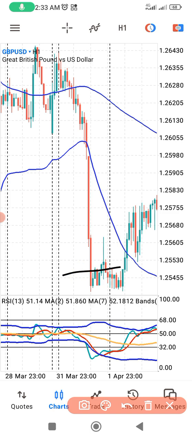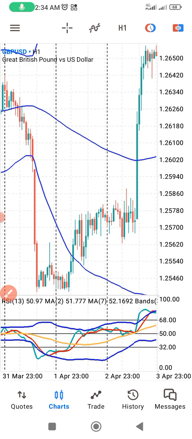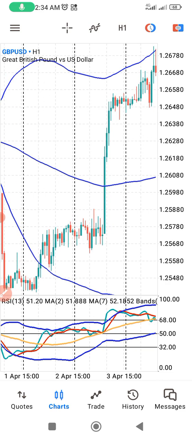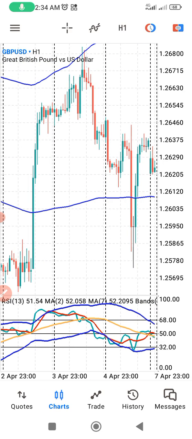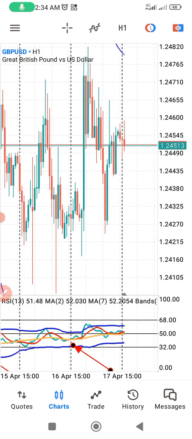Then number two, you begin your analysis. Do not begin your analysis from a lower time frame. You always begin your analysis from the higher time frame, at least the 1 hour time frame.